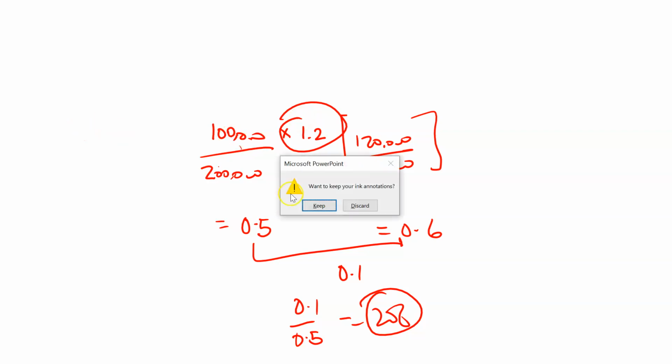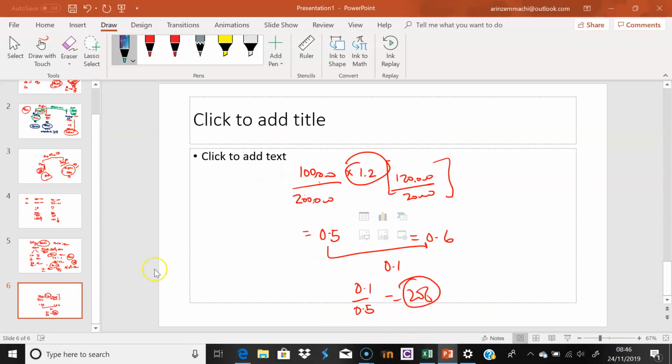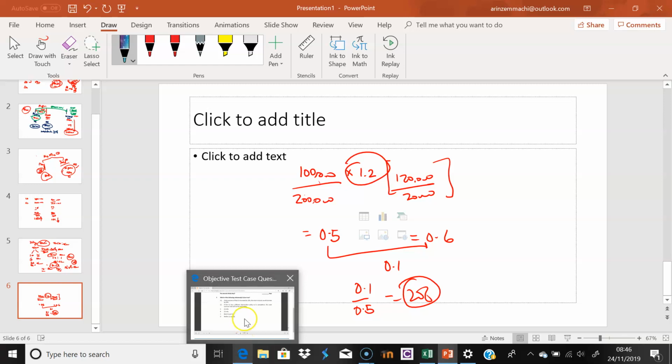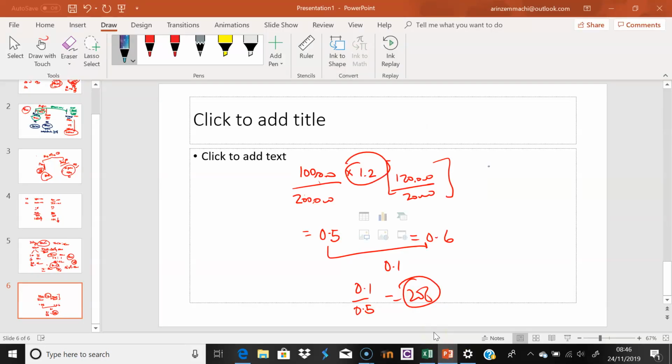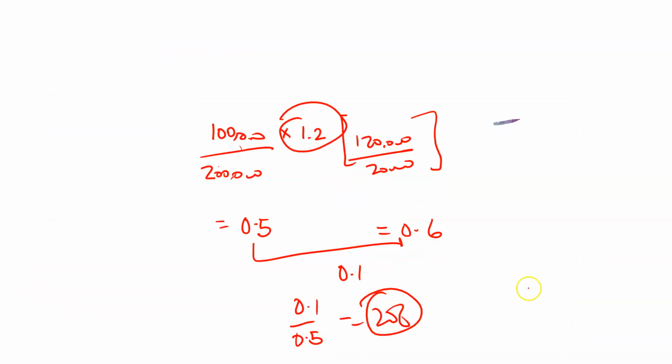The next bit was asking if they had a different depreciation policy to their competitors, the asset turnover rate will not be comparable. And that is true. Question 2, a different depreciation rate, asset turnover ratio will not be comparable.